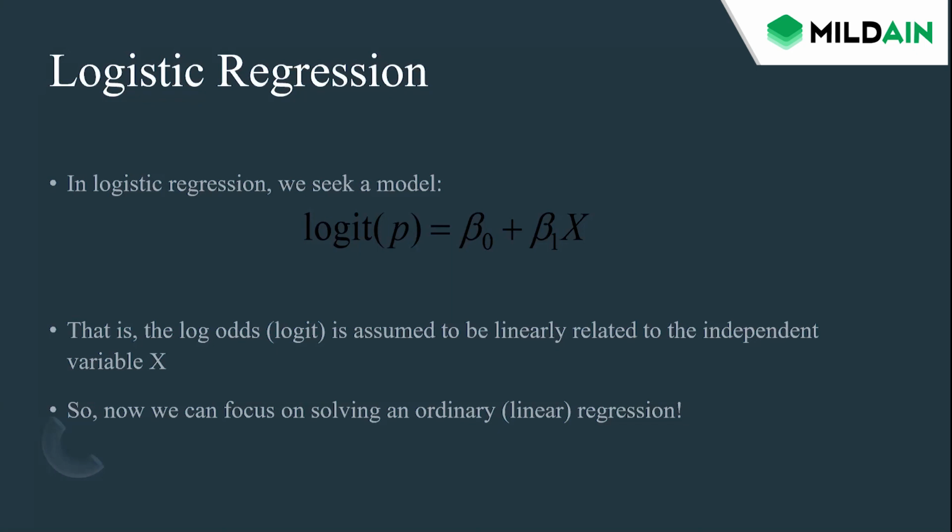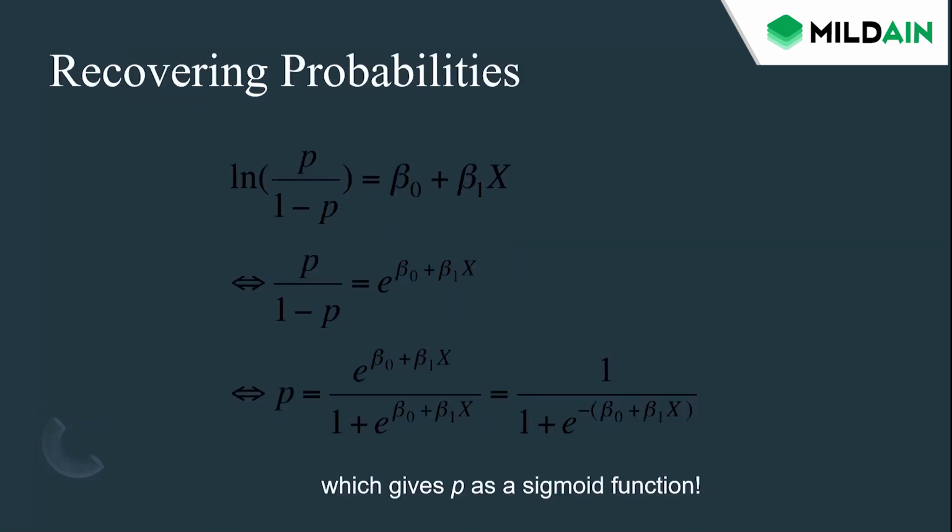So we can have this linear relationship. This is my probability formula: ln of p divided by 1 minus p. This is the formula derivation that we use in logistic regression.